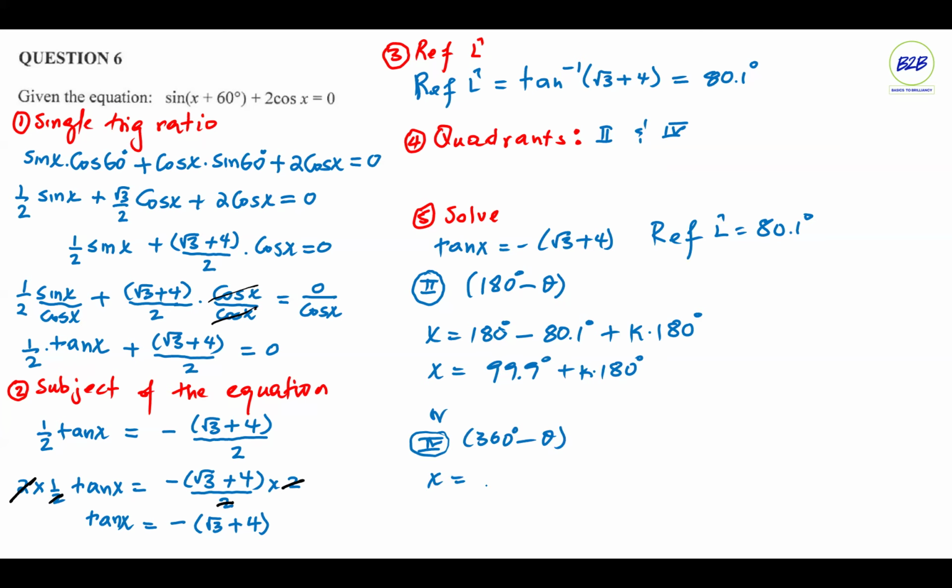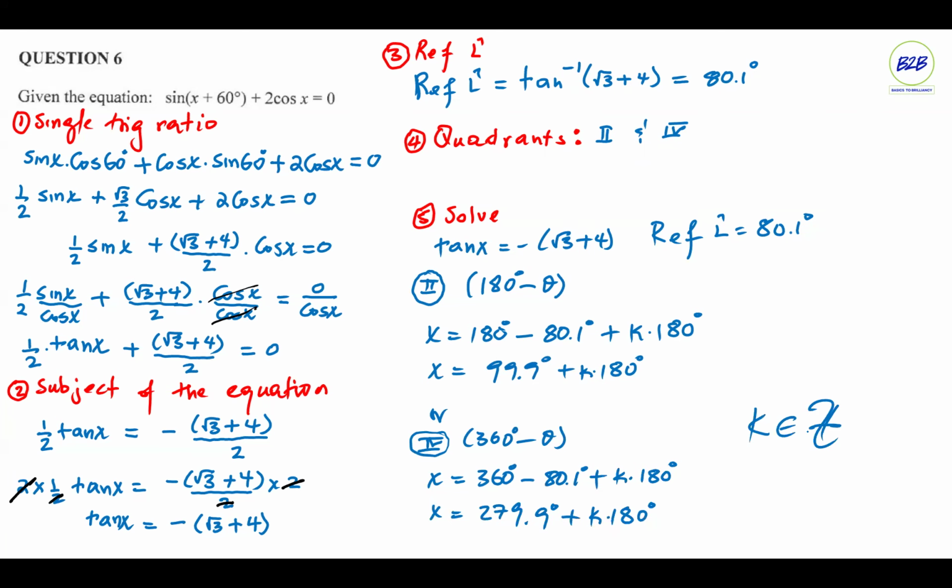Therefore, we have x is equal to 360 degrees minus 80,1 degrees plus k times 180 degrees. Then x is equal to 279,9 degrees plus k times 180 degrees.